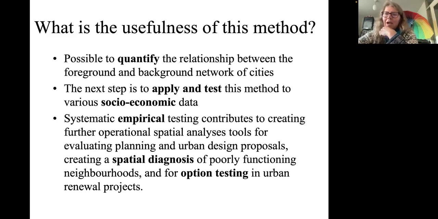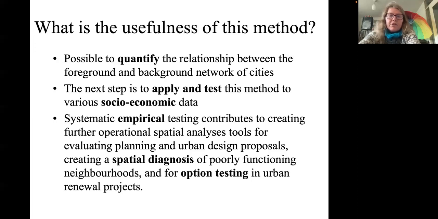And I say, okay, what is the usefulness of this method? It's a new way of quantifying the relationship between the foreground and the background network of cities. The next level where I am now is to test and apply this method connected to various socioeconomic data.